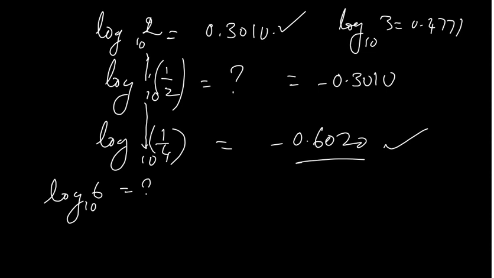We have to add these values. So you'll get 0.3010 plus 0.4771, that's equal to 0.7781.